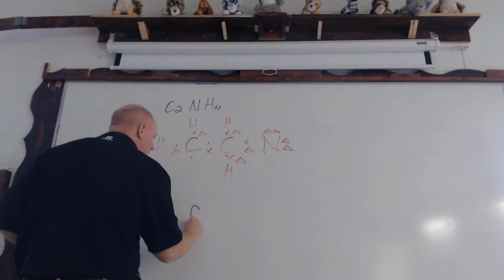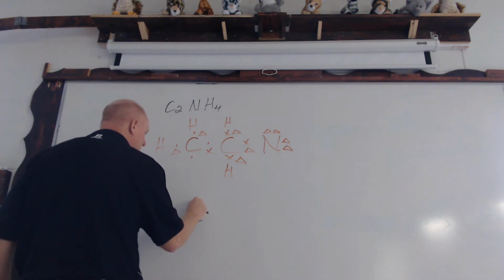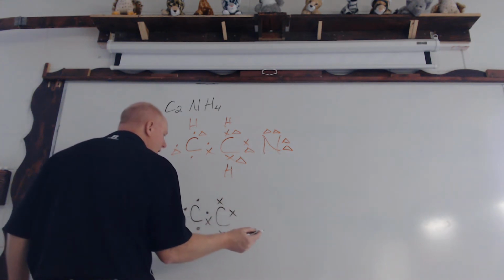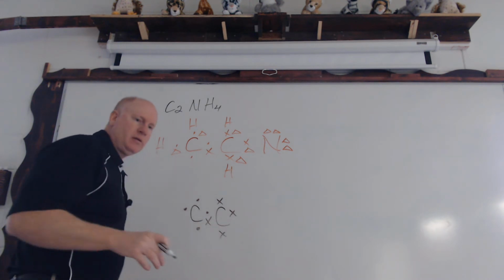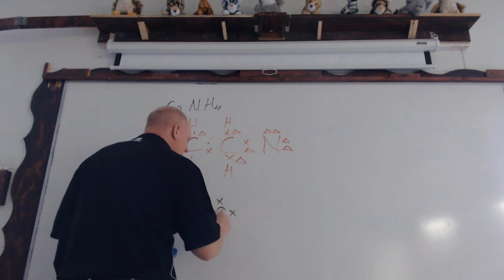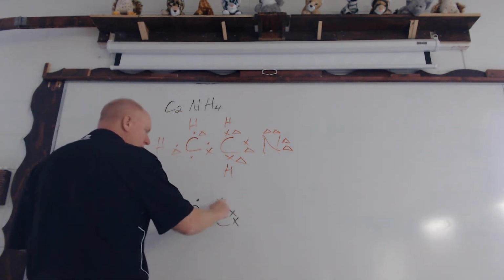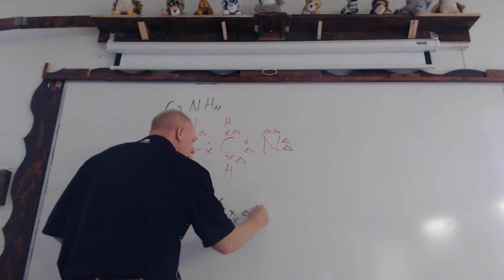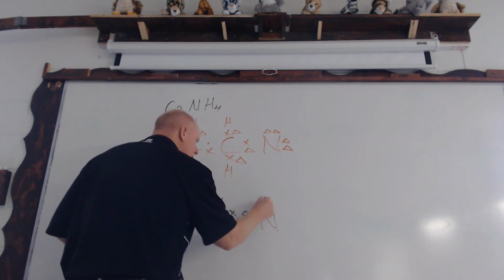So let's go ahead and try this. Okay, and then here's your second carbon. Oops, that's not quite right. We said a double bond. So that means we've got to put that down there. We got our 4 X's for this carbon, and between that and the nitrogen.